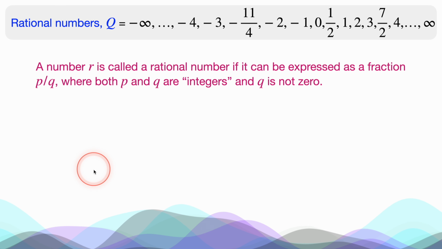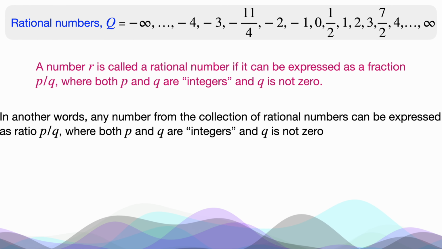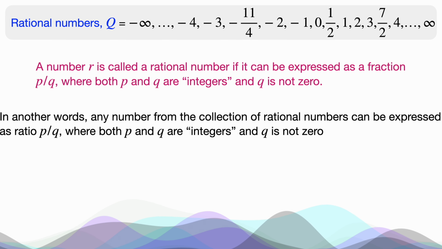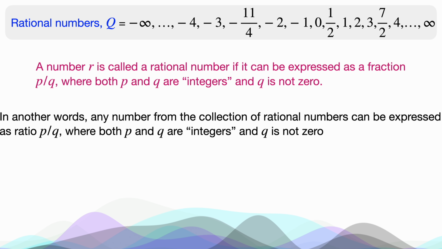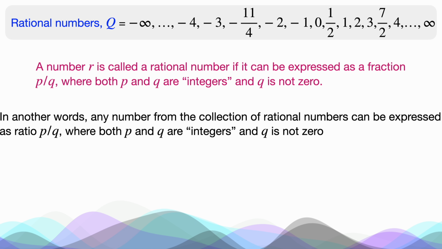So what does this actually mean? In other words, any number from the collection of rational numbers can be expressed as a ratio p by q, where both p and q are integers and q is not 0.